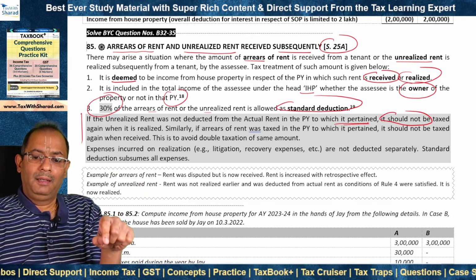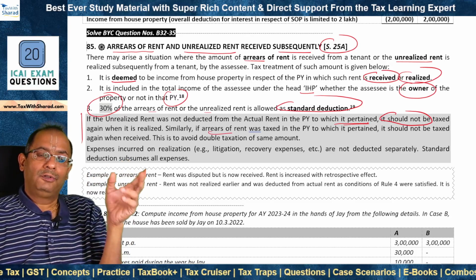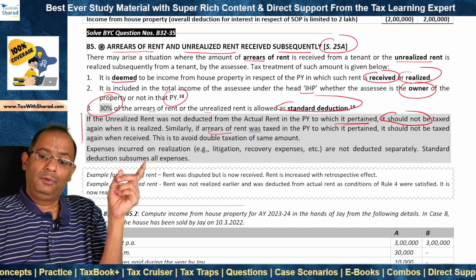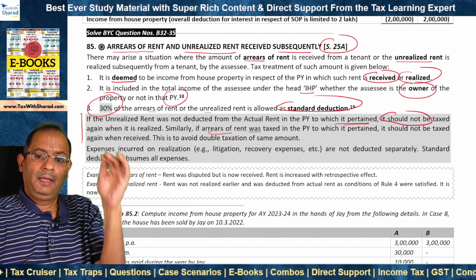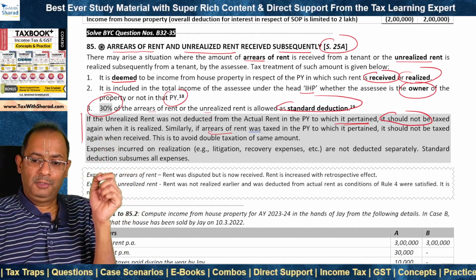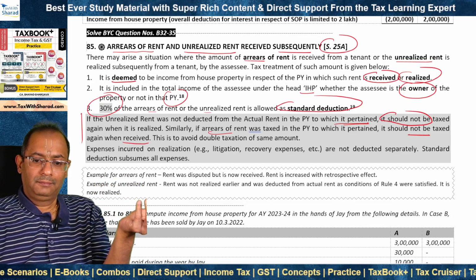Similarly, for example, if the assessee had taken arrears of rent in the original previous year to which it pertained in computing the income under the head IHP, it should not be taxed again when it is received, right?